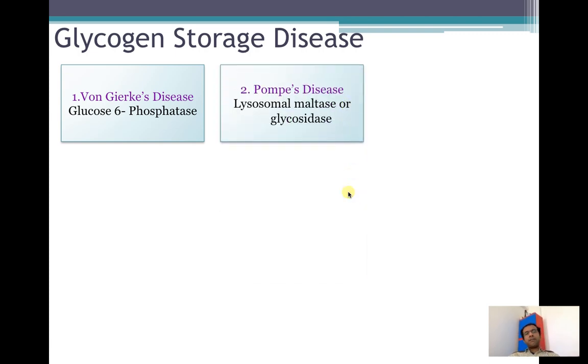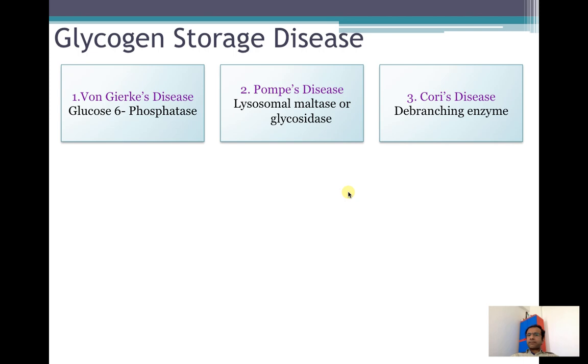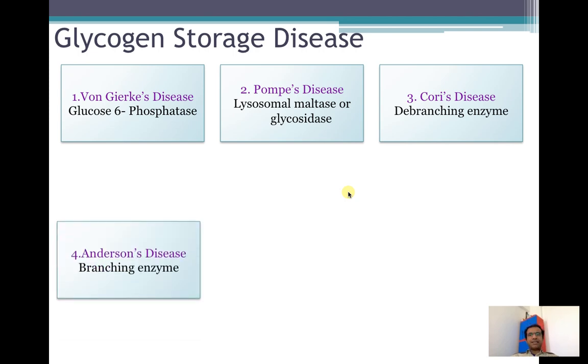Second is Pompe's disease. Here there will be deficiency of the enzyme lysosomal maltase or glycosidase. Third is Cori's disease, where there will be deficiency of the debranching enzyme. Okay, we have already seen the debranching enzyme in glycogenolysis.